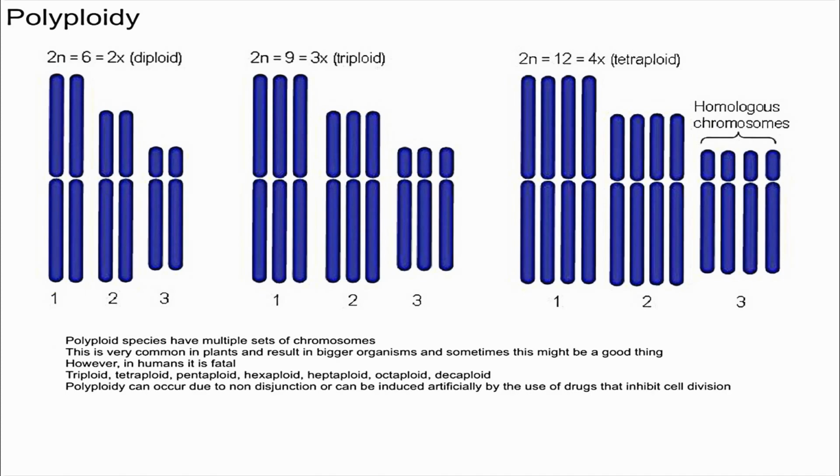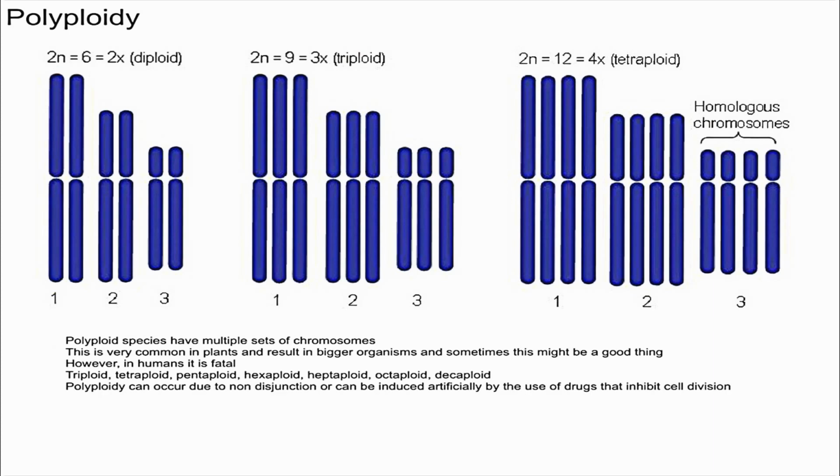You might ask what the difference is between a polyploid organism and a diploid, or normal, organism. When we're talking about plants, polyploid organisms generally tend to be bigger. Sometimes this could be a good thing because bigger plants will produce bigger fruits, and this means more food. And this could also mean cheaper food.